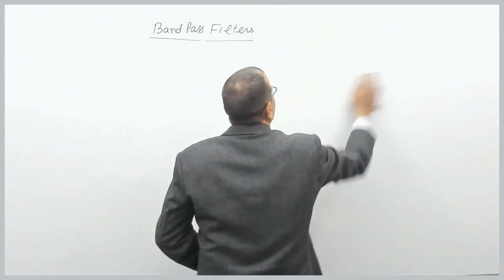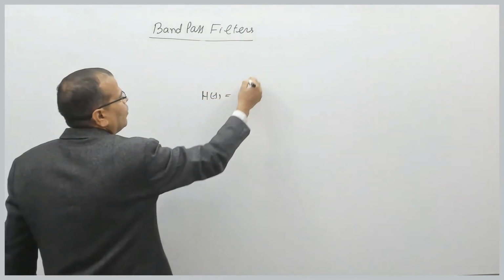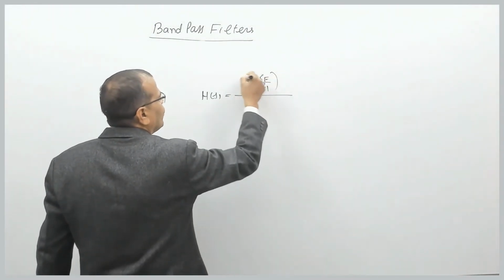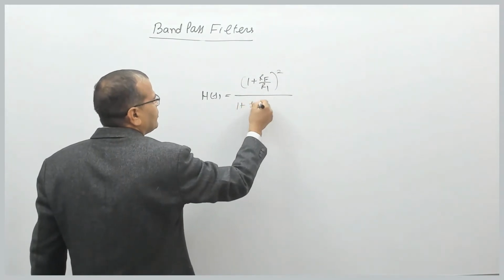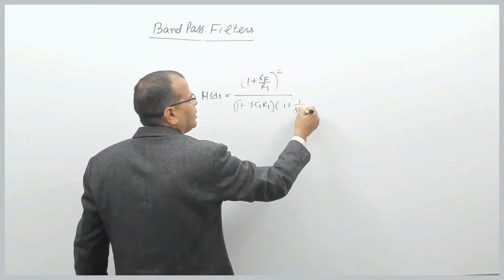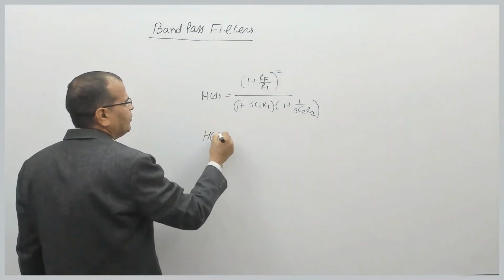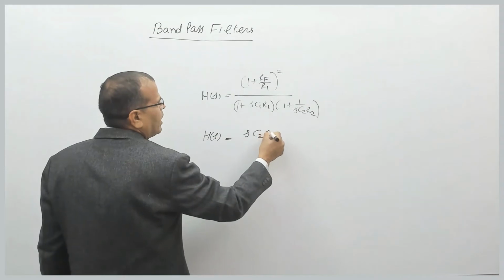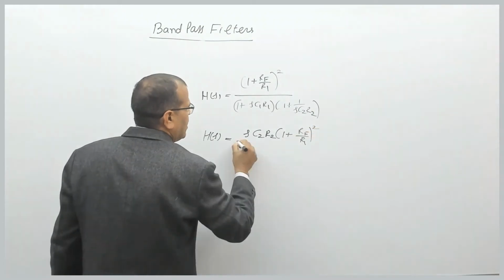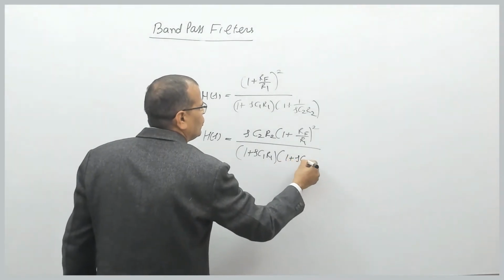The overall transfer function was 1 plus RF by R1 whole square divided by 1 plus S C1 R1 into 1 plus 1 by S C2 R2. So H S, the transfer function, is equal to S C2 R2 times 1 plus RF by R1 whole square divided by 1 plus S C1 R1 into 1 plus S C2 R2.